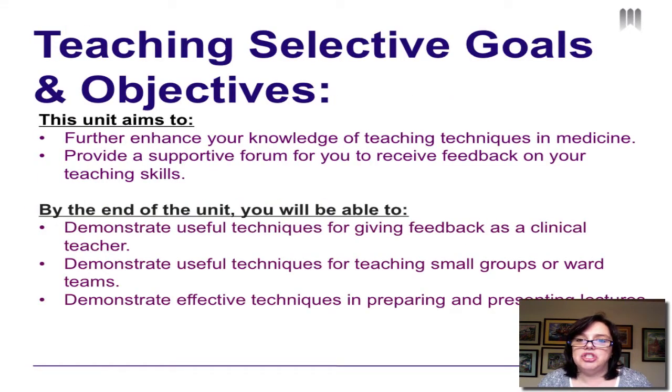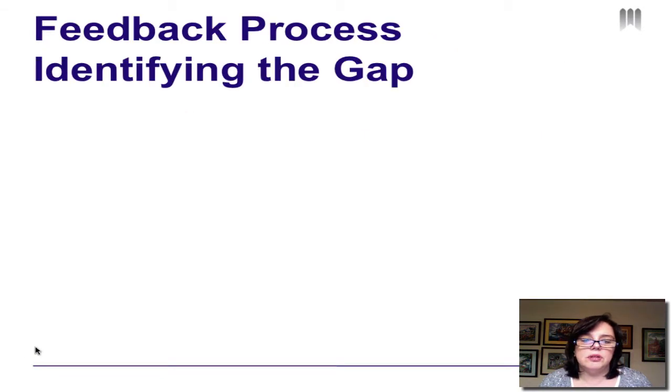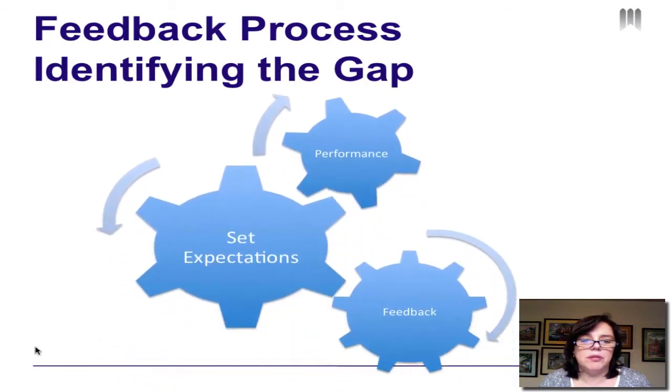Pertaining to ECMH, the objective that pertains to your setting really is providing the students with an opportunity to provide feedback in a clinical setting. When we think about the process for feedback, the big goal, we have setting expectations, performances, and the feedback, but really what we want to do is to identify the performance gap.